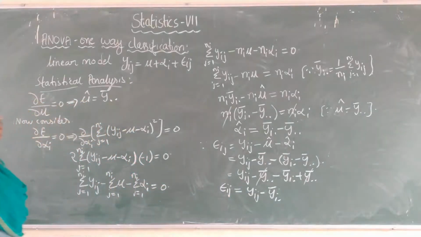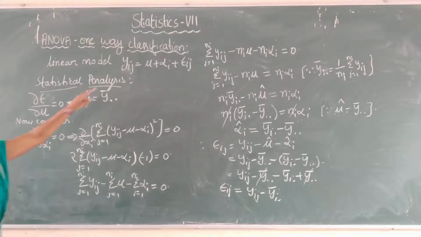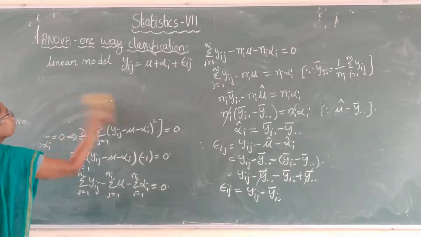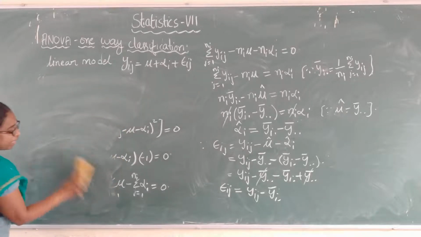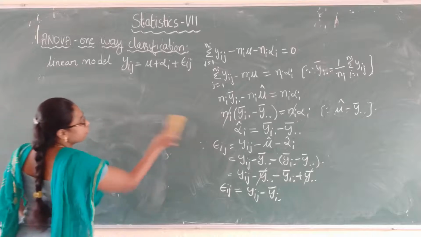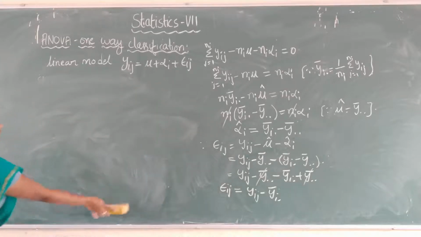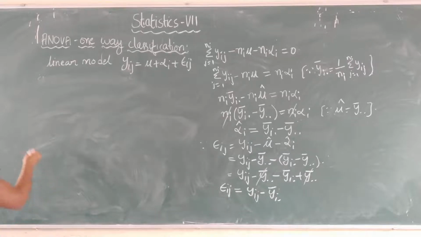So these three values we are now going to substitute in this linear model. So copy this one. After estimating the parameters, we substitute the estimated values in the linear model.